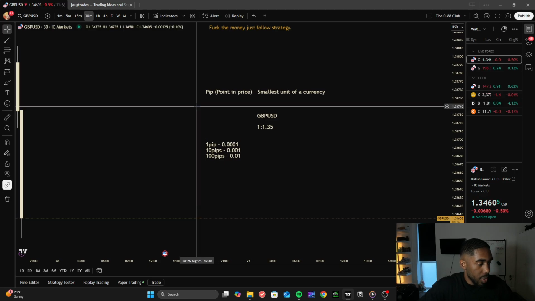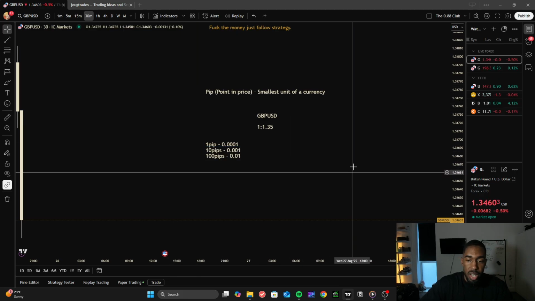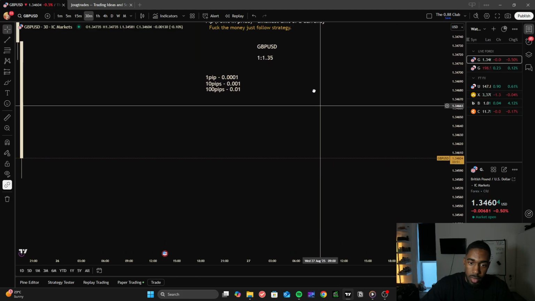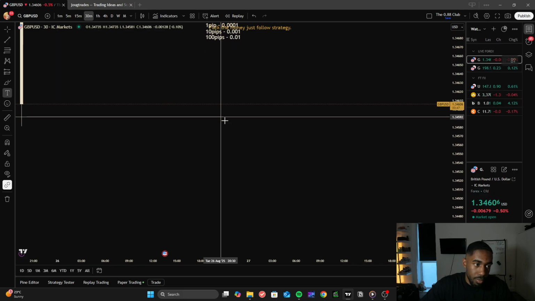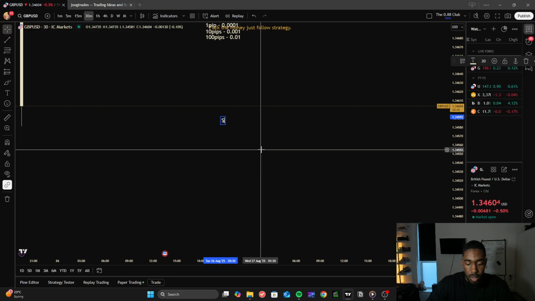Next, let's look at what spread is. I've used this a lot, hopefully you wrote it down in your notes, but a spread is basically the difference between the bid and ask price.